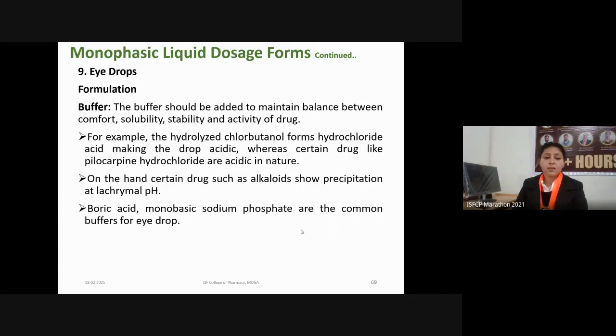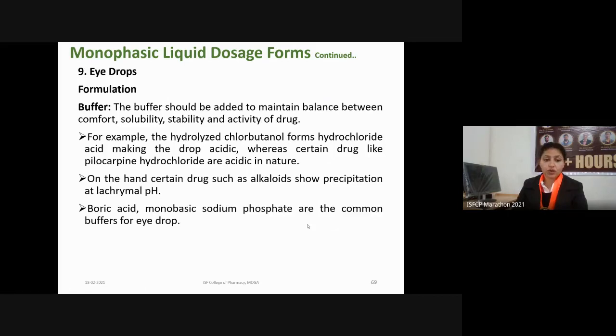Buffers are also used in the preparation of eye drops. The buffer should be added to maintain the balance between the comfort, solubility, stability, and activity of the drug. For example, hydrolyzed chlorobutanol forms hydrochloric acid, and certain drugs like pilocarpine hydrochloride are acidic in nature.